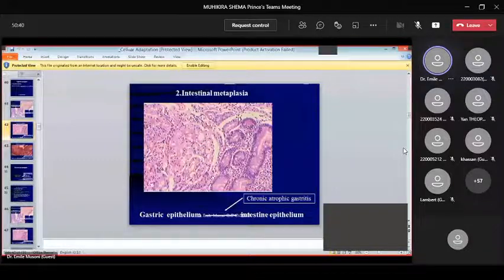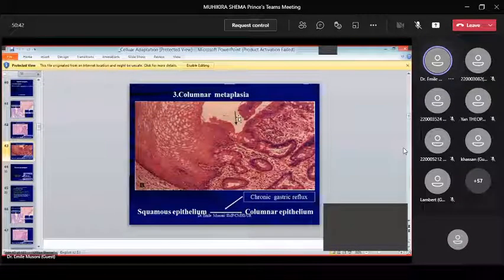Another one is columnar metaplasia. This one is due to chronic gastric reflux. You know, there is some acid in the stomach, hydrochloric acid. Once there is reflux, that acid will damage the epithelium of the esophagus. Normally, the esophagus epithelium is squamous.